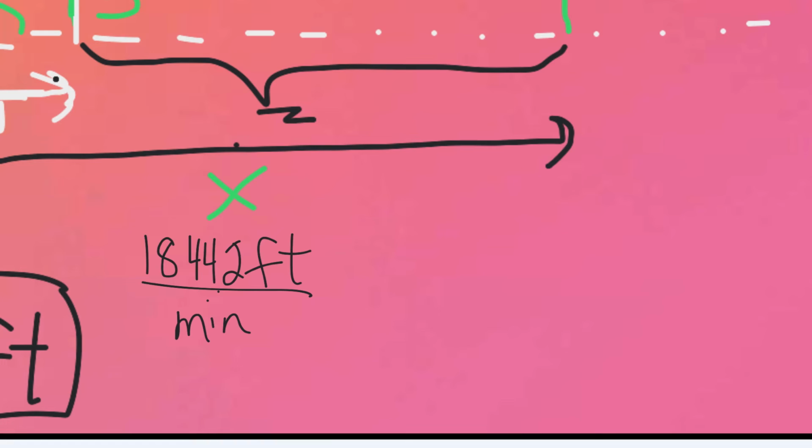But we just need to convert this into the units they want, miles per hour. We can do that with some multiplication. So we want to first change feet into miles. We know that 1 mile is equal to 5,280 feet.